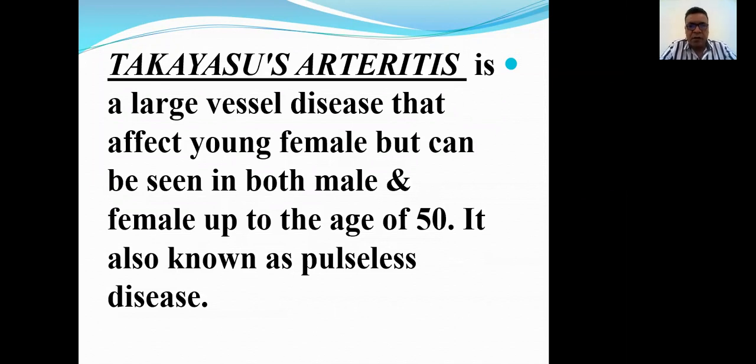Takayasu arteritis is a large vessel disease that affects young females but can be seen in both males and females up to the age of 50. It is also known as pulseless disease.